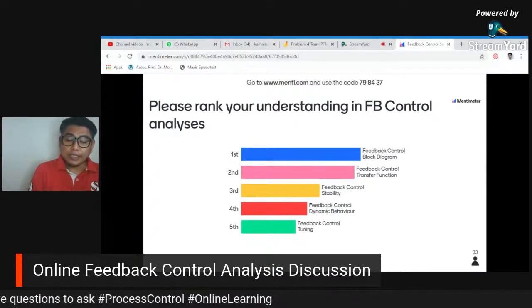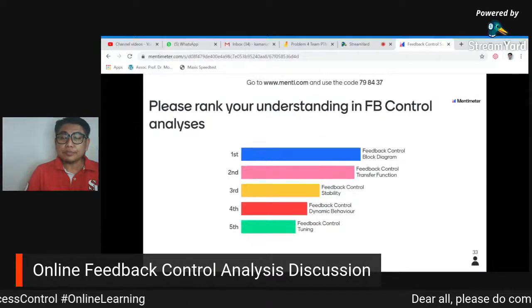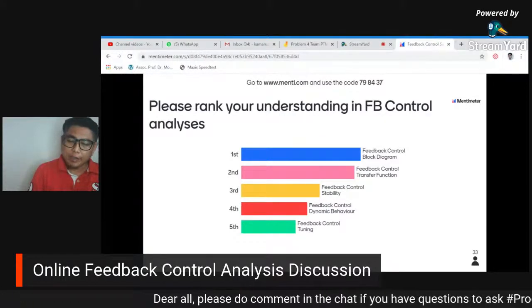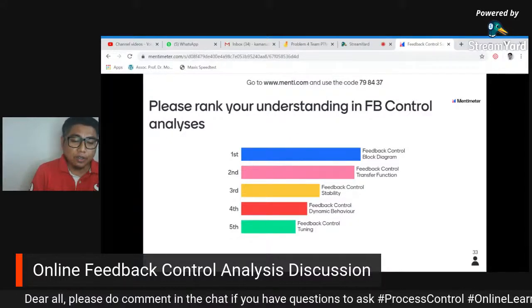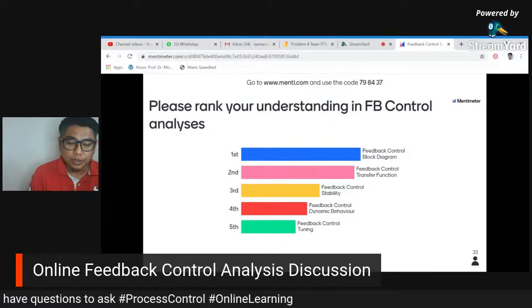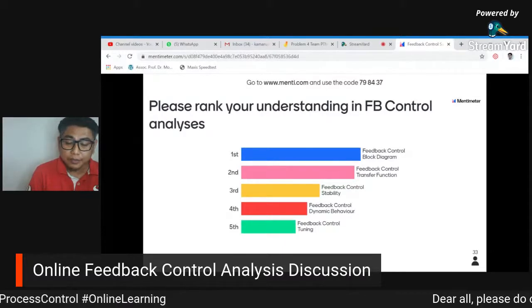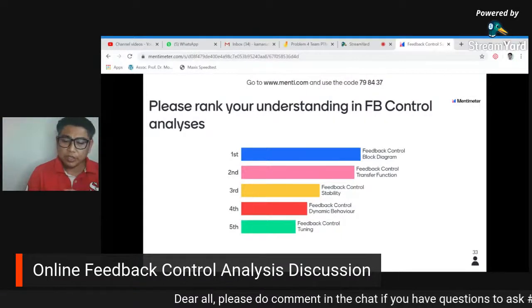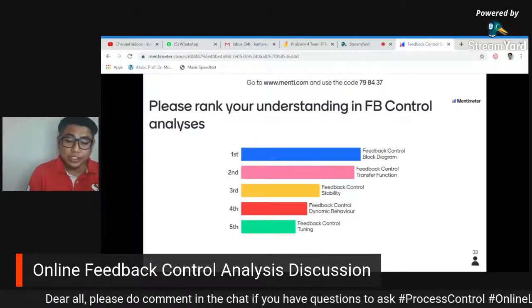Otherwise, if you are asked, for example, to analyze the dynamic behavior for either the servo or the regulator, make sure you choose the right transfer function. Make sure you know that for the servo transfer function, there shouldn't be any GD over there.